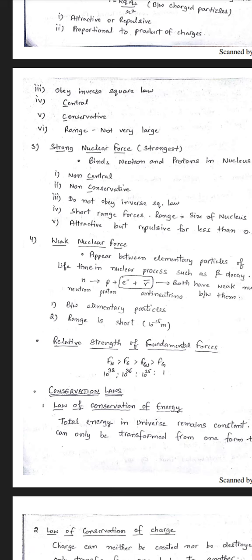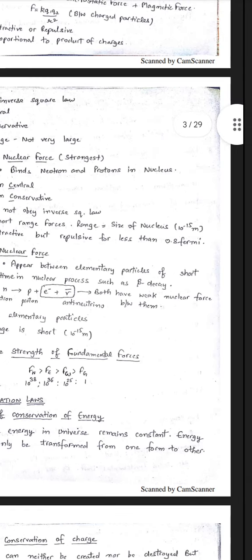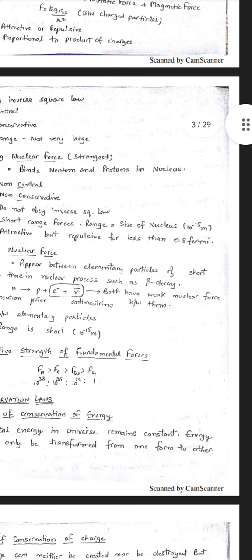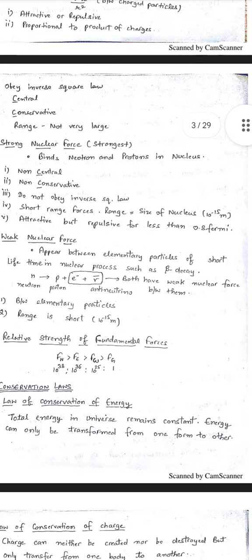Now the fourth force which I am going to tell you about is the weak nuclear force. It appears between elementary particles for a short time in nuclear processes such as beta decay. n goes to p plus e plus anti-neutrino, that is, a neutron gives a proton plus an electron plus an anti-neutrino, and both involve the weak nuclear force.